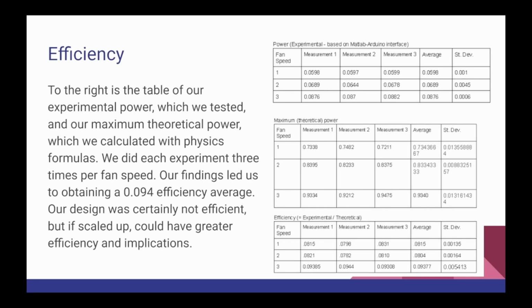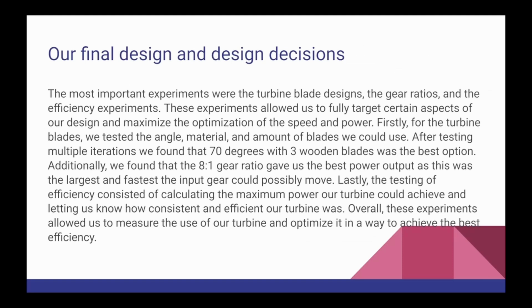We did each experiment 3 times per fan speed, and our findings led us to an efficiency average of 0.94. It's not the best efficiency, but given our current scale, I think that when scaled up, it could be more efficient. And with slight alterations at the greater size, it could probably be driven even higher.